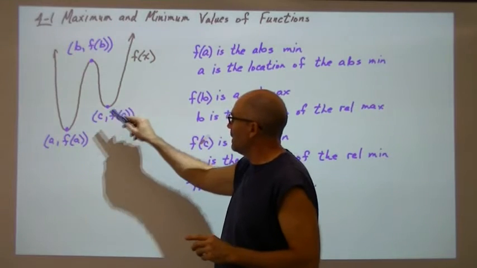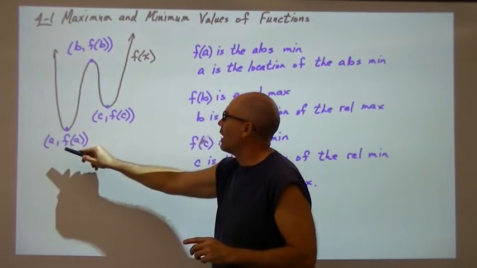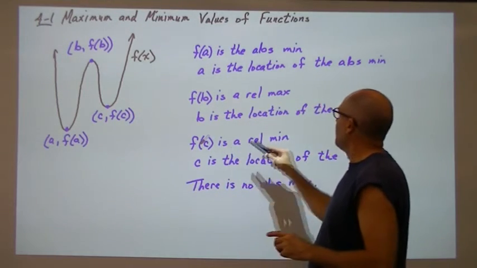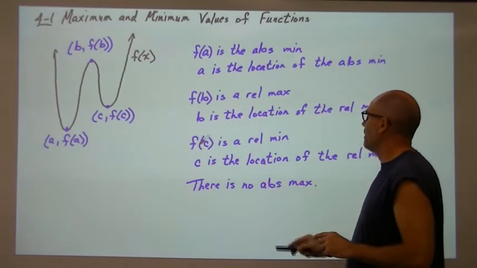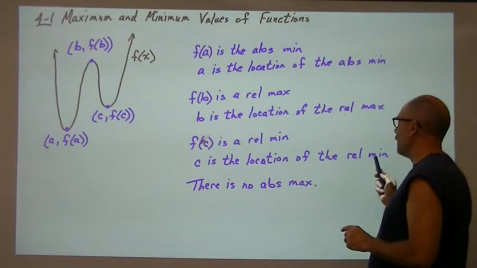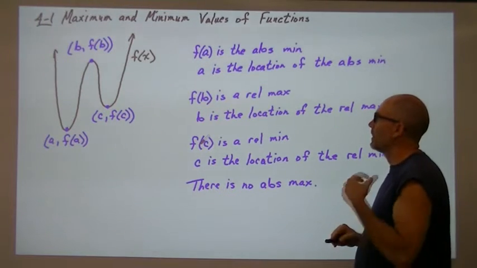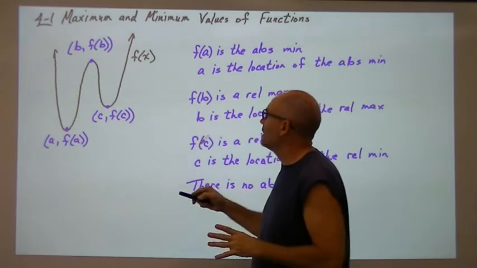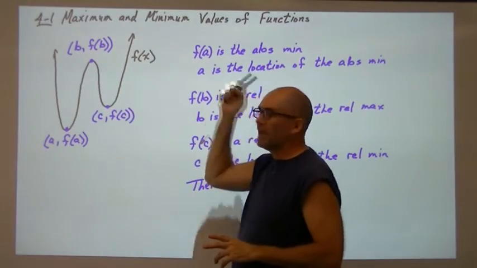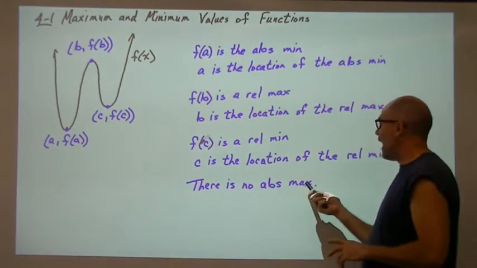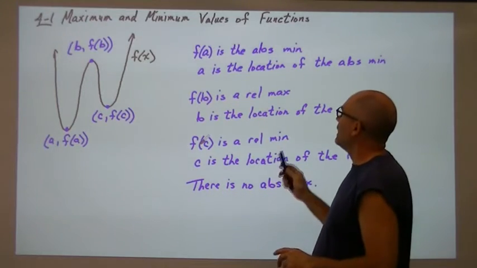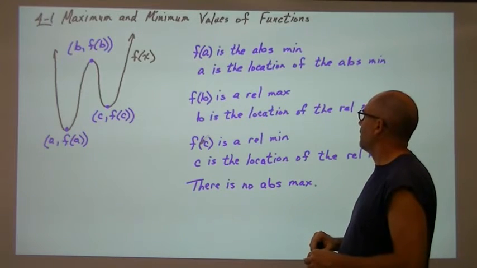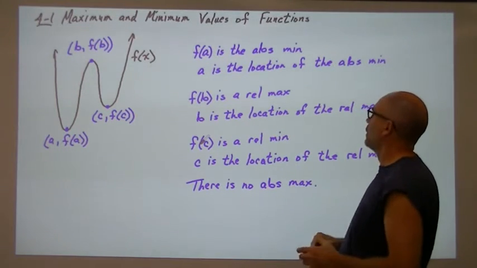It's not the absolute min because f of a is below f of c. But f of c is a relative minimum, and c is the location of that relative minimum. Now, when we talk about the maximums, notice this function goes up to the left and up to the right. So there is no absolute maximum, but f of b is a relative maximum. And b is the location of the relative max.